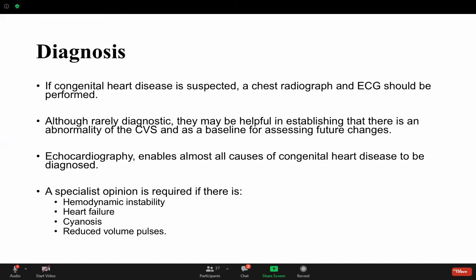Although rarely diagnostic, they may be helpful to establishing that there is an abnormality of the central cardiovascular system, and as a baseline for reassuring future changes. هذه هدفها. لما هي فعليا بتكون diagnostic, but it would help you to get a baseline for them. عشان لو لاحقا صار عندهم any changes, you know their baseline. Okay. Echocardiography هو أهم شيء. It will almost diagnose almost all congenital heart diseases. Okay.